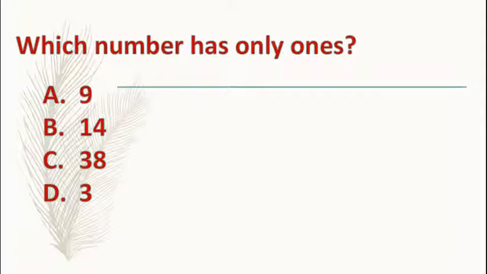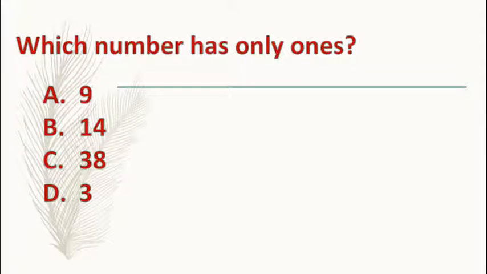Before we proceed with our proper lesson, we'll have a question: which number has only ones? As you can see on the screen, we have the options letter A, 9; B, 14; C, 38; D, 3.